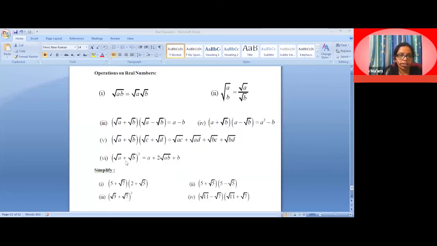Again, if you have root a plus root b whole square, you have to solve it in the same format. Suppose I have something like root 3 plus root 5 bracket square.